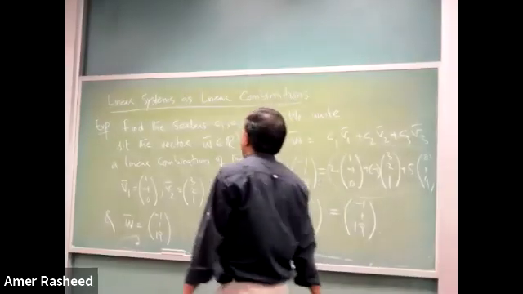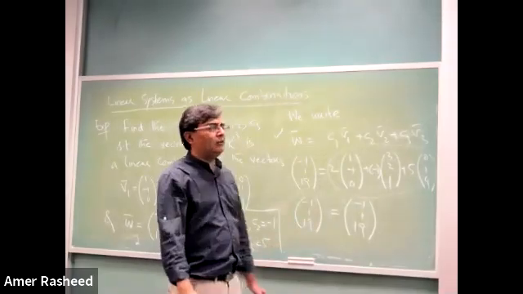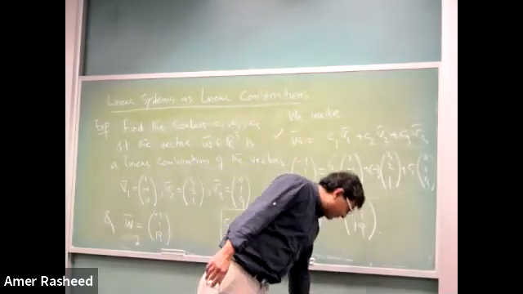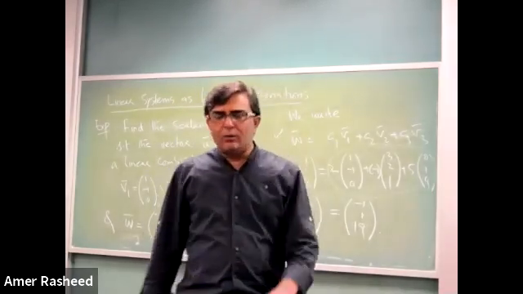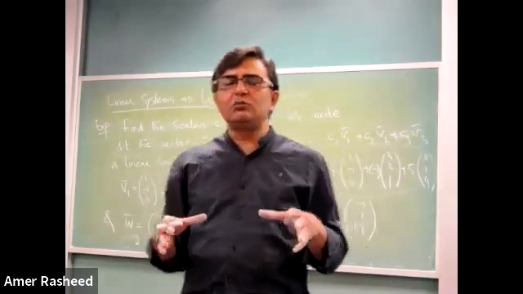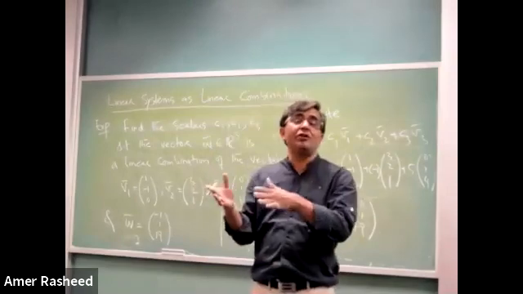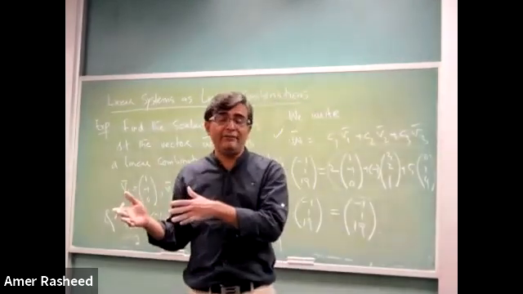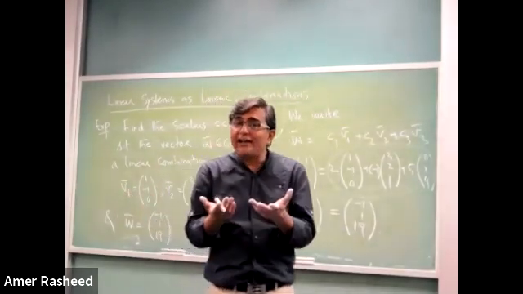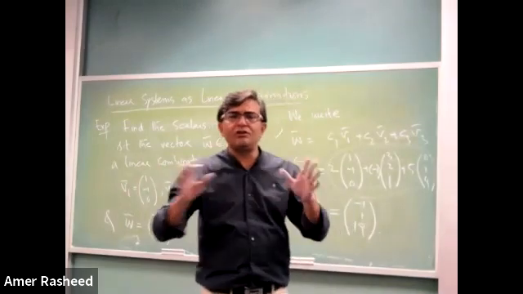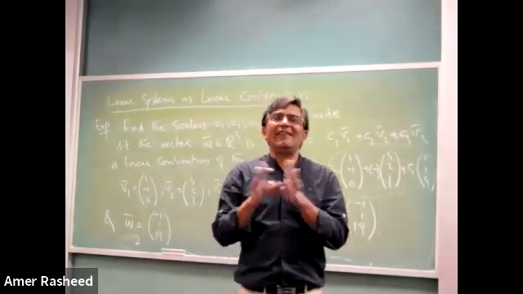Now let's come back to the solutions of non-homogeneous linear systems. If someone asks you, check whether we can write W as a linear combination of the vectors V1, V2, and V3, we can write it or not? We don't need to find the scalars.